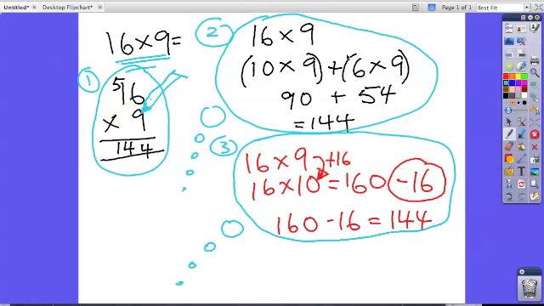So what we call these strategies, let's get a different color for the name. Let's use a nice purple. We call this strategy here chunking multiplication, okay?